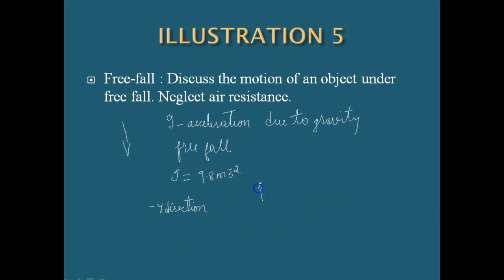If we throw a ball upwards, then we'll consider it as positive, and the downward direction we'll consider as negative. Since the acceleration due to gravity is always downward, it is in the negative direction, and we have a is equal to minus g, and its value is minus 9.8 meters per second square.